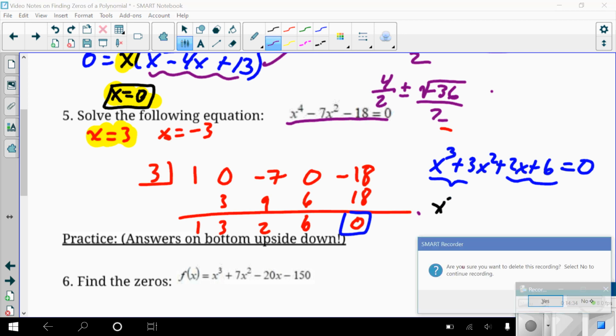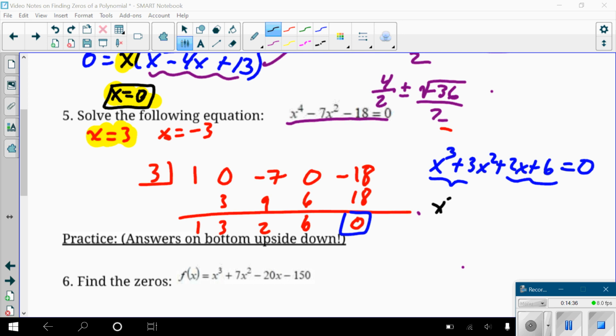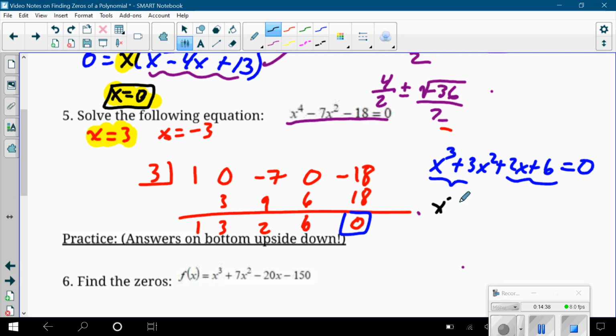So I'm going to take an x squared out and be left with x plus 3. I'm going to take a 2 out. I'm going to be left with x plus 3. Again, since those 2 things you're left with match up, grouping is working here. So I'm going to finish up my grouping.